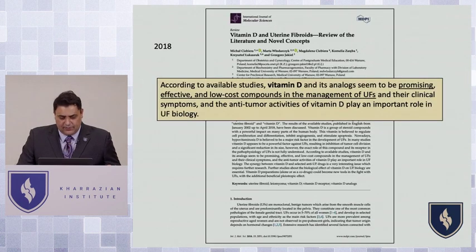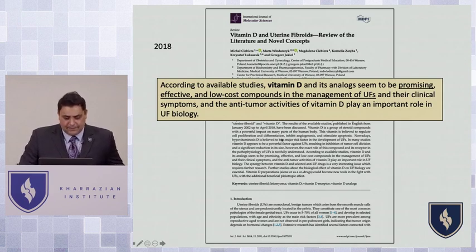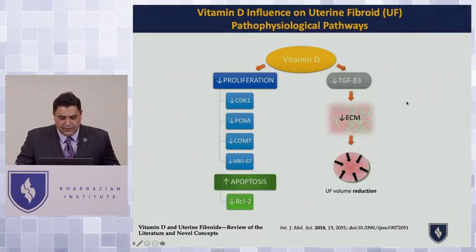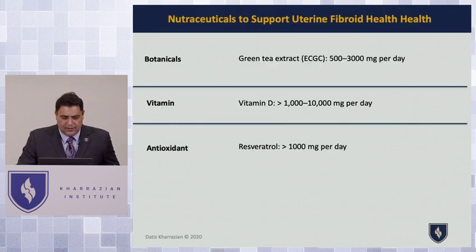We don't know if that takes place with any nutraceutical supplement. And this was a review of the literature where they looked at vitamin D and its promising effects on uterine fibroids, and again, it may have potential. So vitamin D, resveratrol, and green tea are the only things you can come up with if you do an extensive literature review for fibroids, but the evidence is not that great.